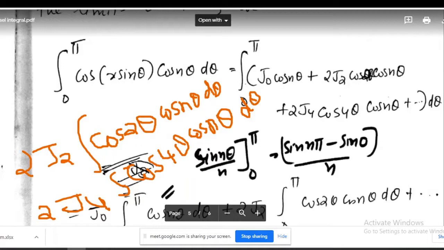What will be its value? We just saw a result. Integral cos 2 theta cos n theta d theta, what will it be?